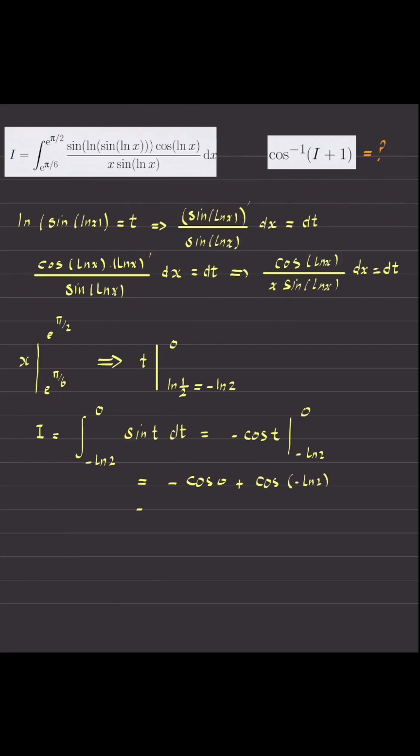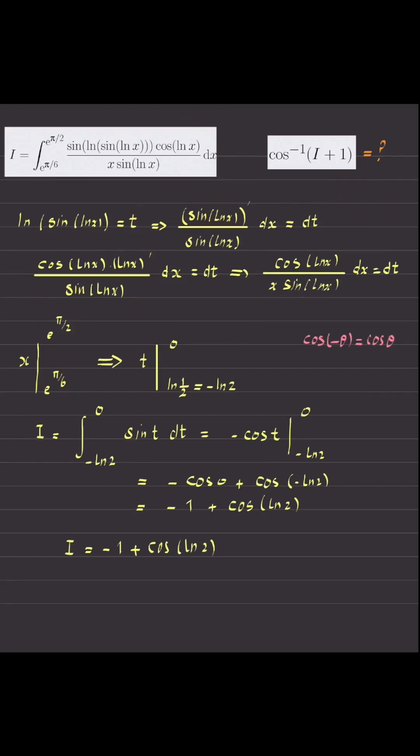But cosine of 0 is 1, so it becomes minus 1. And you know that cosine of minus theta is equal to cosine of theta itself. So for the second one, I can simply write cosine of ln of 2. So this is my I, and I is equal to minus 1 plus cosine ln of 2.